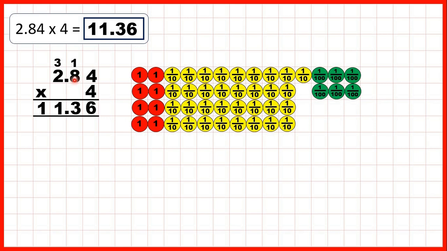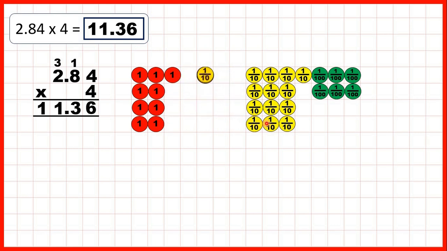Then we did 8 tenths times 4 is 32 tenths, plus the 1 that we made from adding our hundredths is 33 tenths. But 33 tenths is the same as 3 ones and 3 tenths, because 10 tenths make 1 whole. So that's why we wrote the first digit above the ones column.